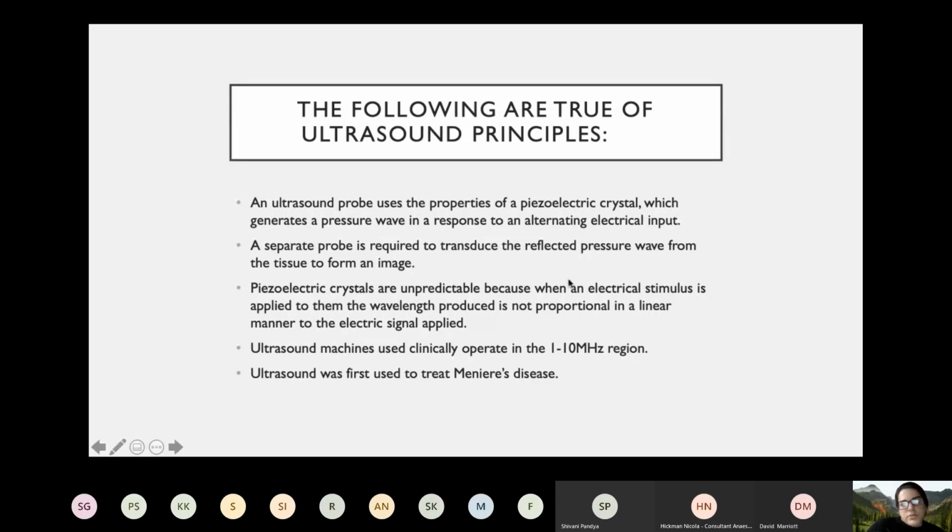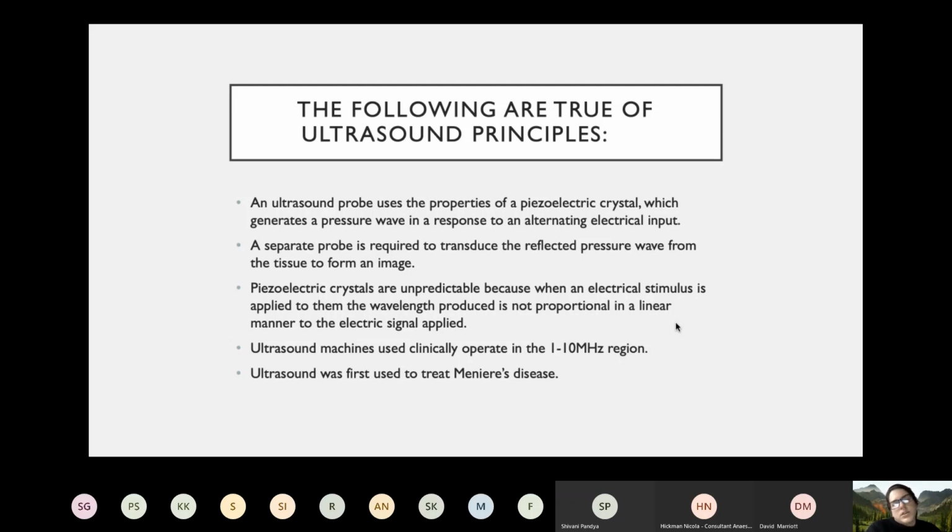Piezoelectric crystals are unpredictable because when an electrical stimulus is applied to them, the wavelength produced is not proportional in a linear manner to the electric signal applied. That's false. One of the nice characteristics of piezoelectric crystals is that they're entirely predictable. So if you apply 50 hertz of electricity to them, the wavelength that they produce is in 50 hertz.